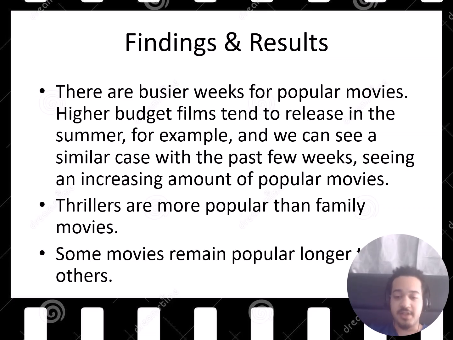Maybe that changes throughout the year, but during at least the time frame of this semester, thrillers are definitely more popular, which would explain why they usually get bigger budgets. Action movies followed as a close second. There were 12 action movies trending, and then comedies was about 10.